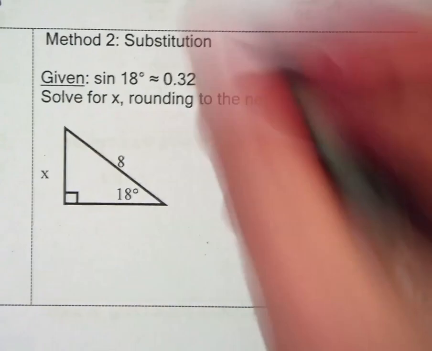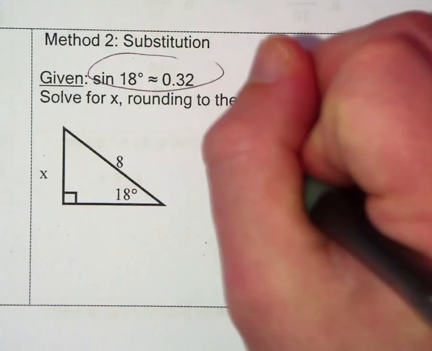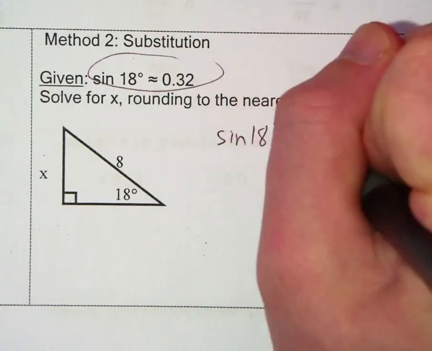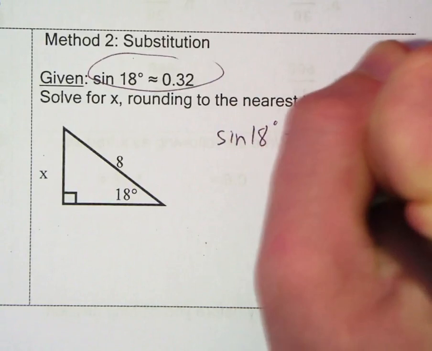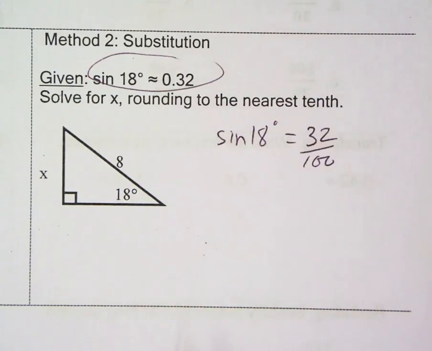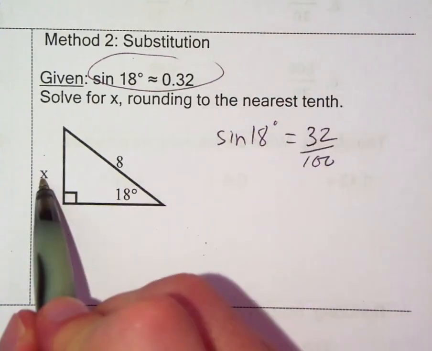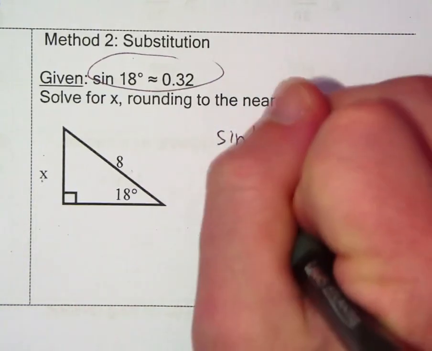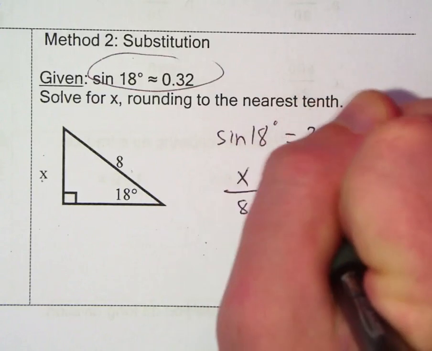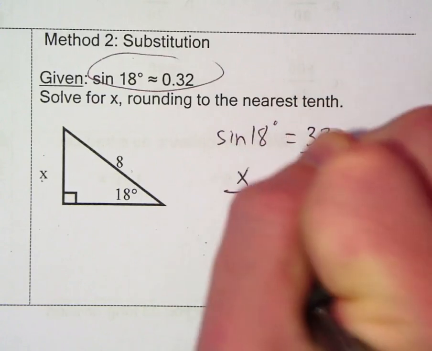Here's the other method. I'm just going to set it up. You take this, you rewrite it. Rewrite this as a fraction though, 32 hundredths. Sine of 18 in this case is opposite over hypotenuse, so you get x over 8. And then you solve it the exact same way you did.